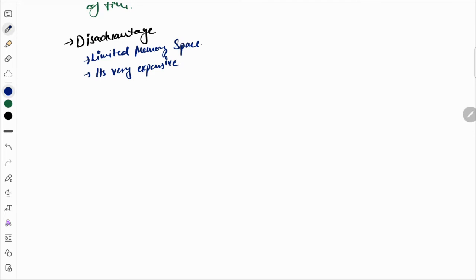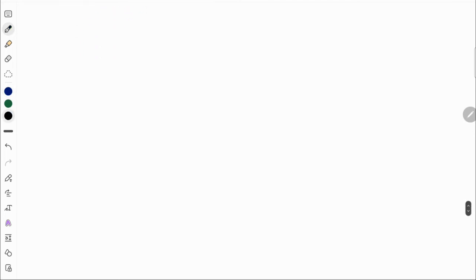Now let's talk about the other memory type, main memory or primary memory. Primary memory holds only those data and instructions on which the computer is currently working.